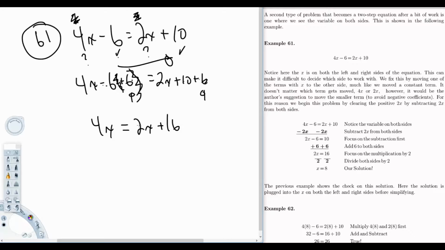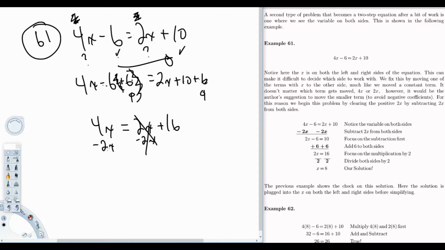Now, another thing I want to talk about. If there isn't a square here and a 2 here, you can add and subtract x's. What do I mean by that? Well, I have a 2x here and I have a 4x here. If I subtract 2x here and I subtract 2x here, I'll get rid of this, because 2x minus 2x equals 0.